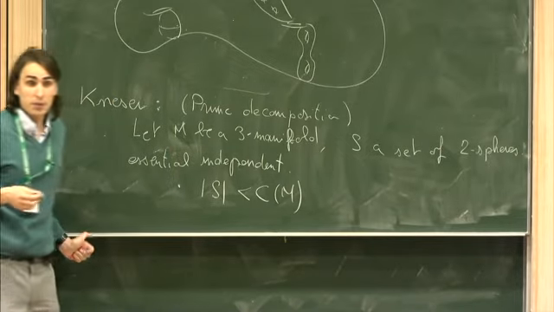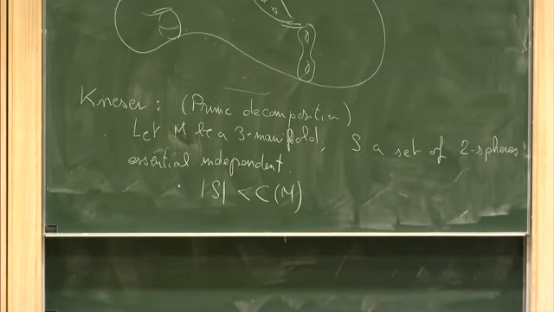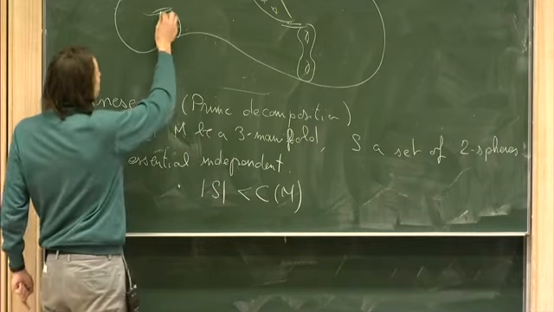But we have exactly the same kind of construction in the 3-dimensional case. We take the universal cover, which is going to be H3, and we have surfaces that are H2 embedded in H3.